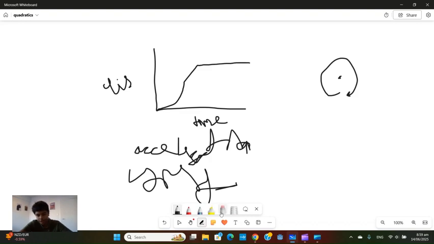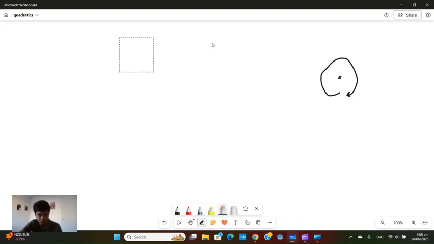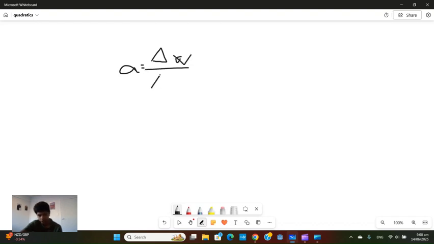And now, how are we to measure acceleration, though? That is the question. So there's another formula. So acceleration, a, equals delta v over delta t.